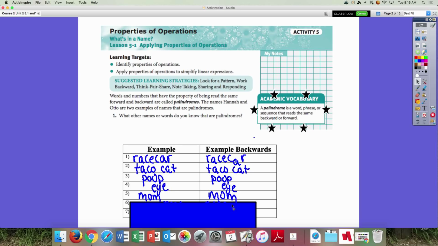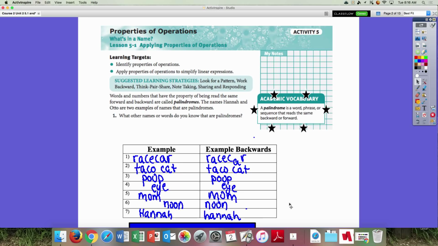Mom, those are a couple easier ones. Noon, like the time of day. And then the last one that we have on our list is the name Hannah. So again, if I spell it forwards or backwards, it gives us the same exact word. All right? That's what a palindrome is.